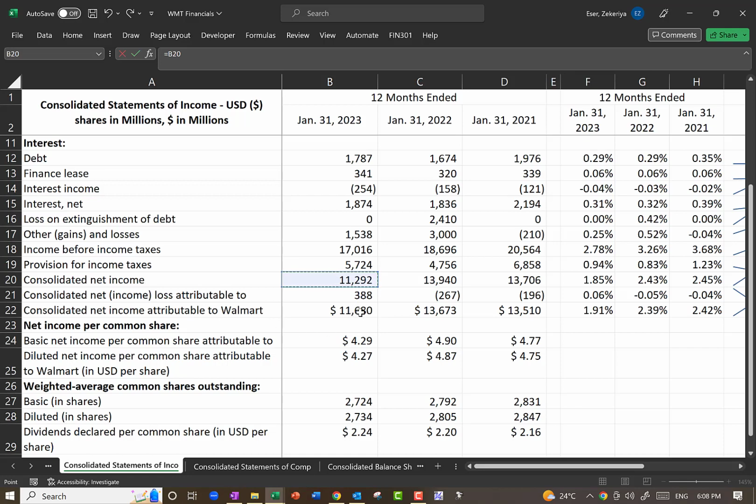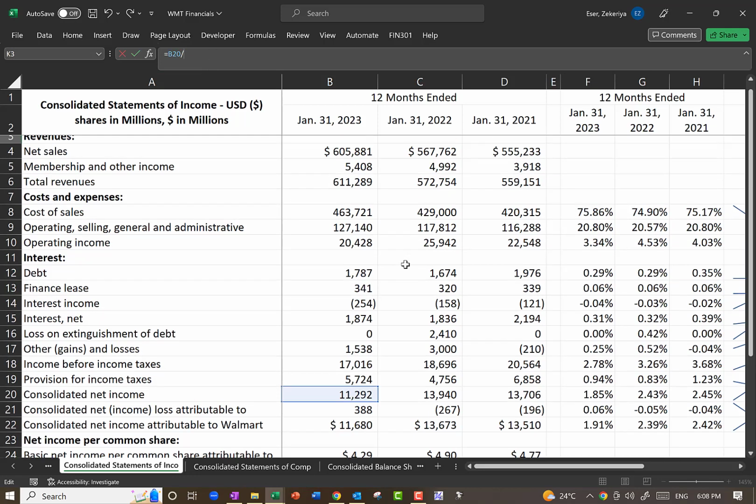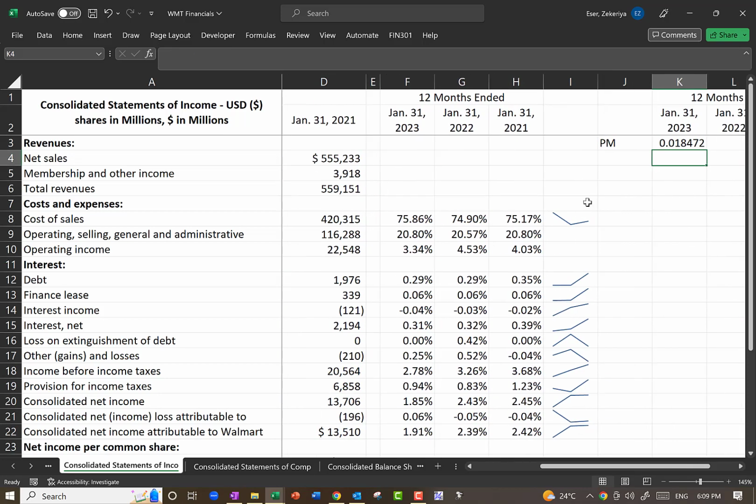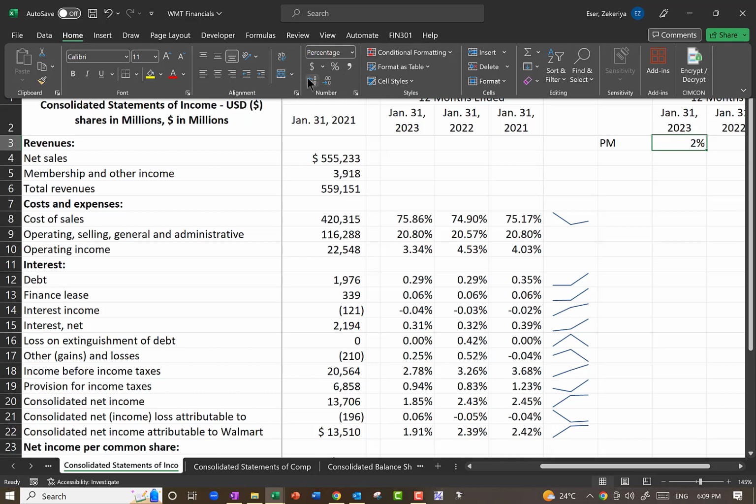I mean, you don't want the consolidated net income attributable to Walmart, because sales themselves are the entire consolidated number. Total revenues. Okay. That membership and other income stuff comes from the Sam's Club, if you're wondering. So I'm going to convert it into percent.